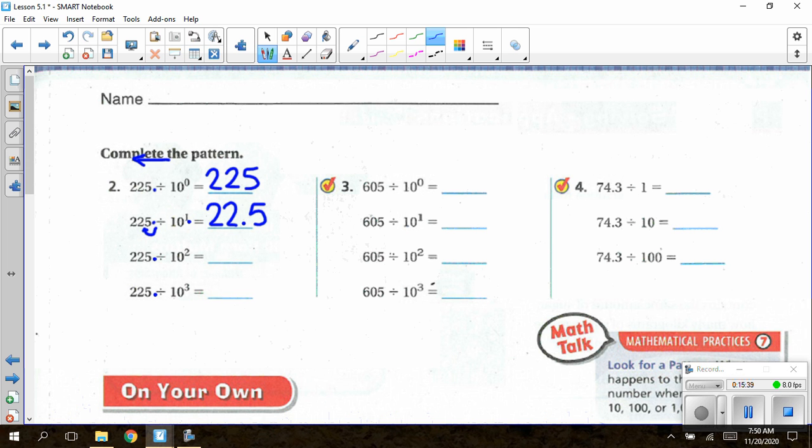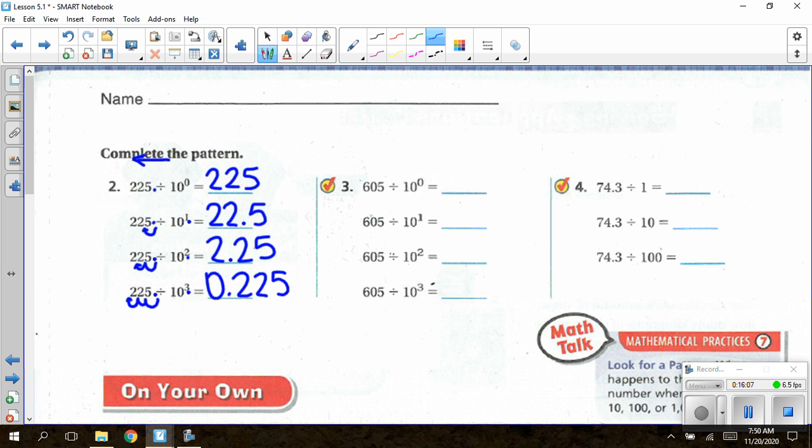Divided by 10 to the second power, the exponent of 2 tells me 2 swoops to the left from the end of my number to get 2 and 25 hundredths. And finally, divided by 10 to the third power, the exponent of 3 tells me 3 swoops to the left from the end of my number, so I have 225 thousandths.